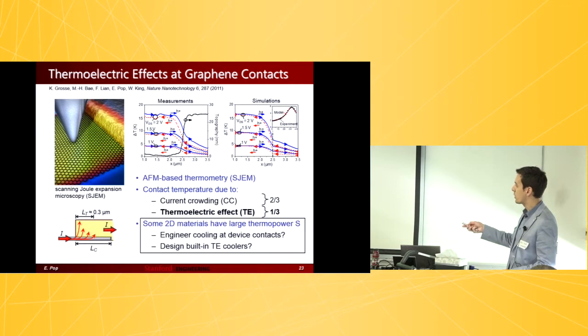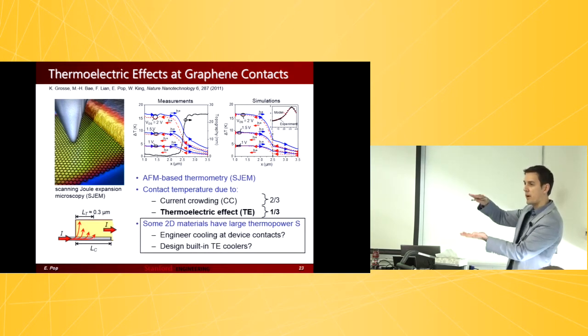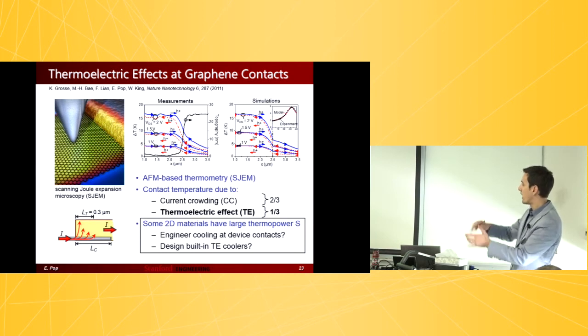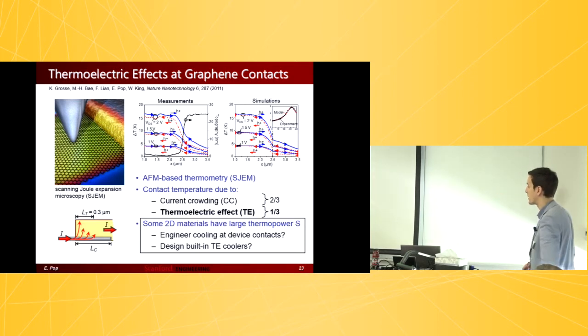I know this picture is a little bit misleading. This was done by an artist. Please forgive this picture. It's a cool picture, but it's misleading because the device itself is covered by a layer of PMMA. So the thin layer of PMMA acts as a thermomechanical expansion layer. As the graphene or whatever this material is heats up, the PMMA heats up, and then the AFM picks up the thermal expansion, and then you convert that back to temperature.